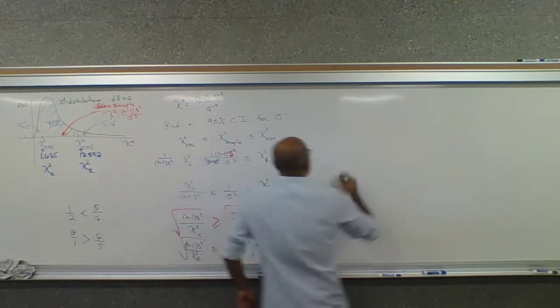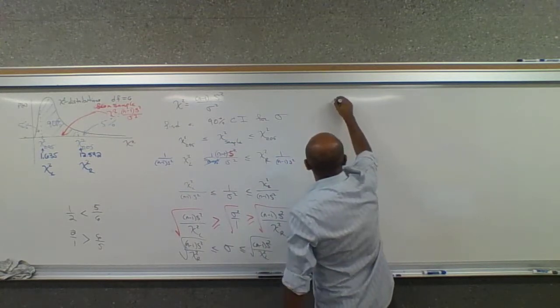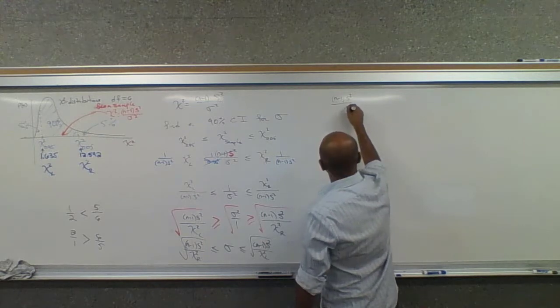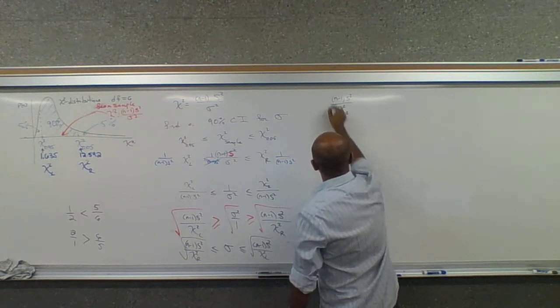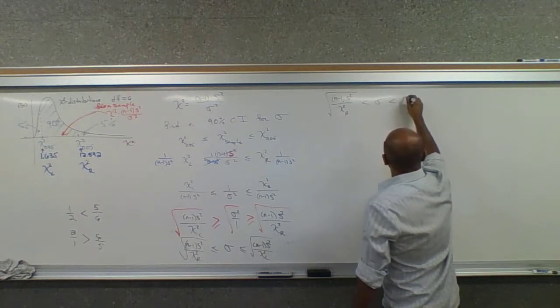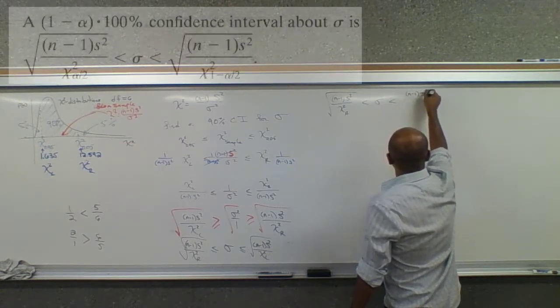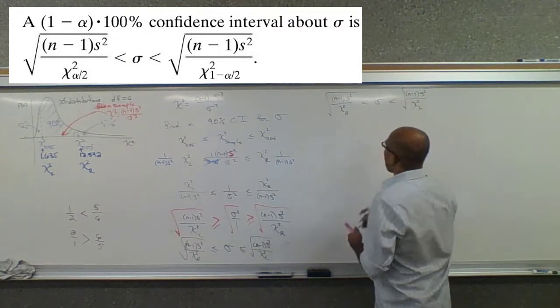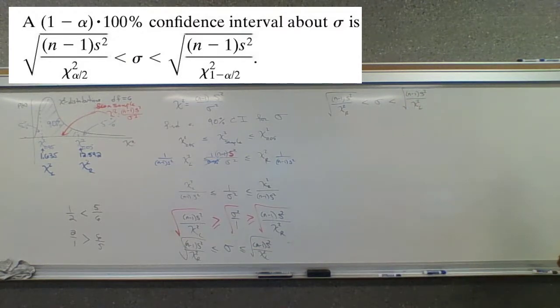Okay, so it's kind of squished there, so I'm just going to copy that up here. n minus 1 s squared all over chi squared right, square root of it, less than sigma, less than n minus 1 s squared all over chi squared left, take the square root of that. Yeah, questions? Is this still a concept or is this?